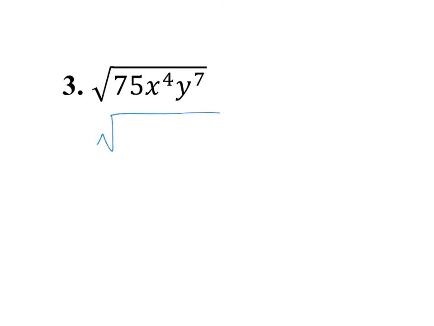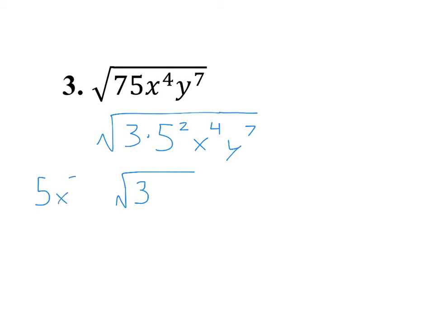75 is 3 times 25, and 25 is 5 squared. This is a regular square root with an index of 2, so that means if there's 2 of something, 1 can come out front, so 3 has to stay, 5 can come out, x squared can come out, and then 7 divided by 2 is 3 with 1 left over.